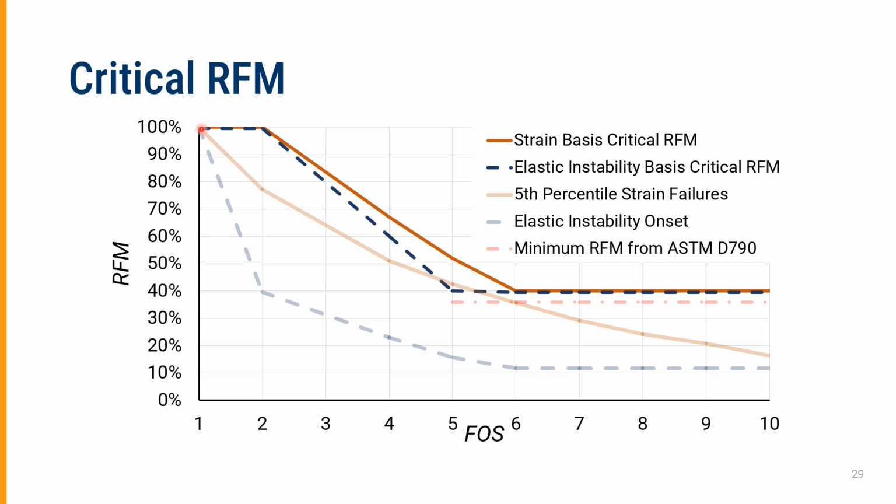These curves show all the way down to a factor of safety of 1. It doesn't mean that we actually promote or would ever promote building any equipment with a factor of safety less than these values here, that 5 or 6 that we would normally use for construction codes.